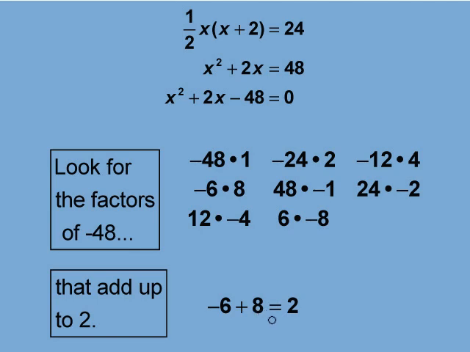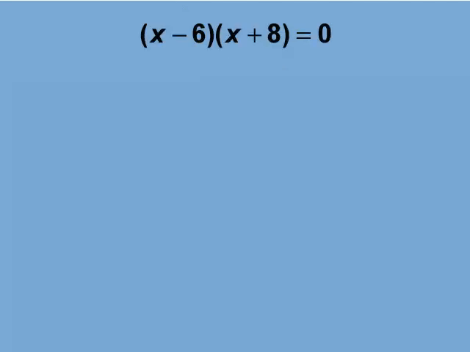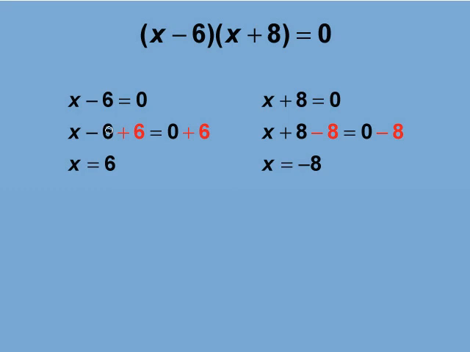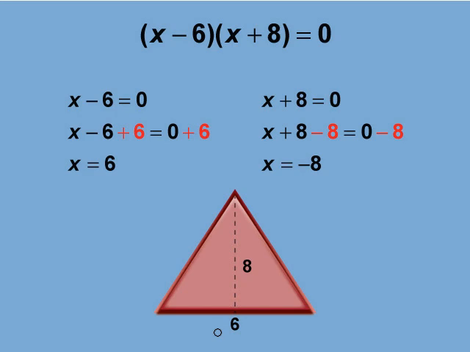So we can factor this quadratic. Here is the quadratic equation in factored form. We get the solutions x equals 6 and x equals -8. Only the positive solution makes sense. So if 6 is the base of the triangle, 8 is the height.